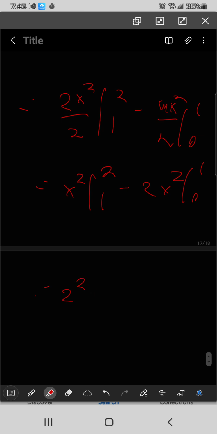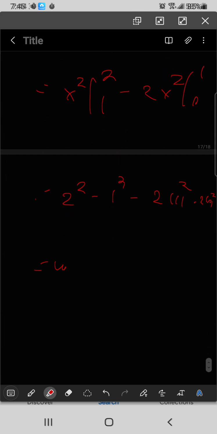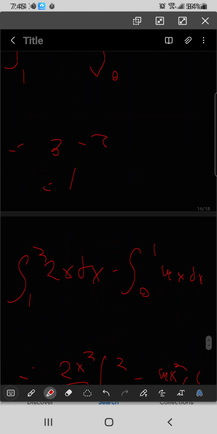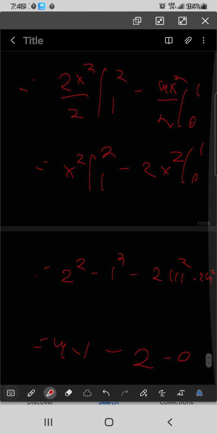This is equal to 2 times 2 squared minus 1 squared, minus 2 times 1 squared minus 2 times 0 squared. Plus 4 minus 1, minus 2 minus 0. 4 minus 1 is 3, 2 minus 0 is 2, so 3 minus 2. Okay, here we get 1. 3 minus 2 is 1.